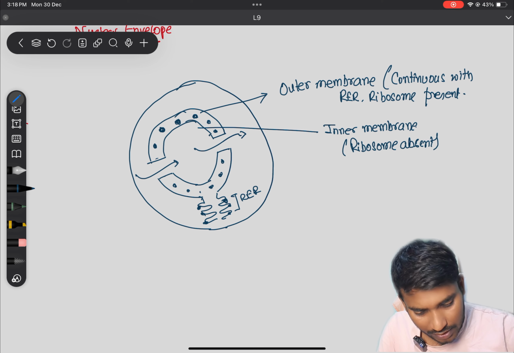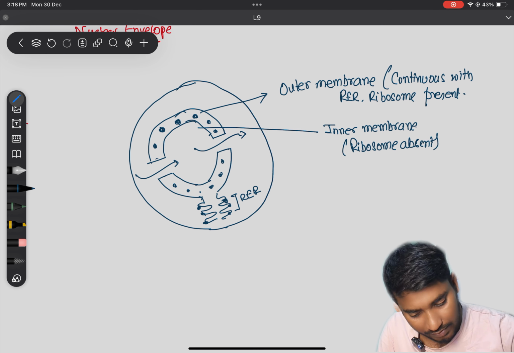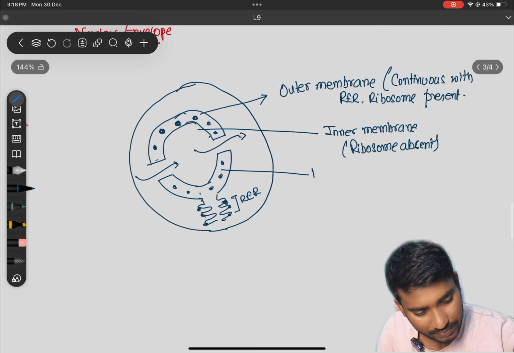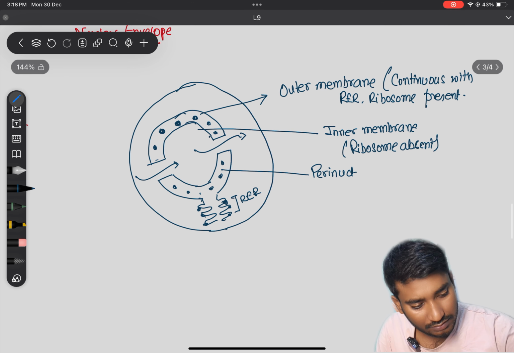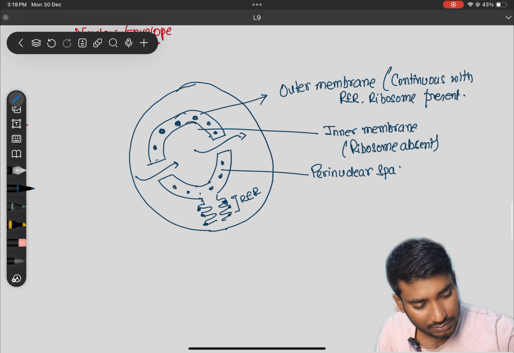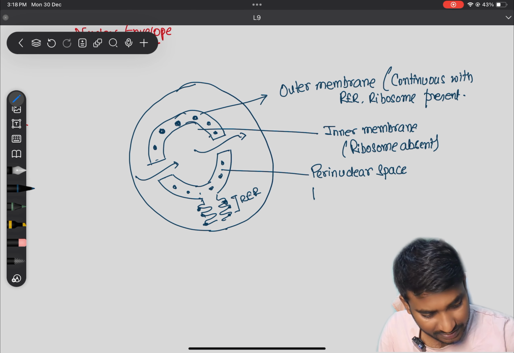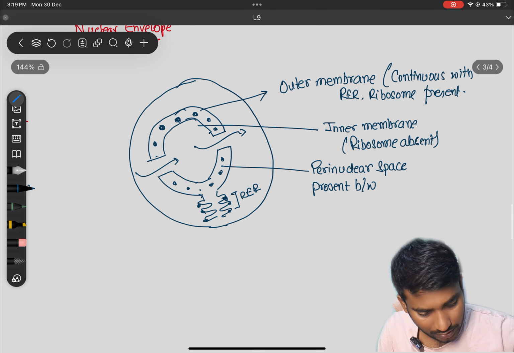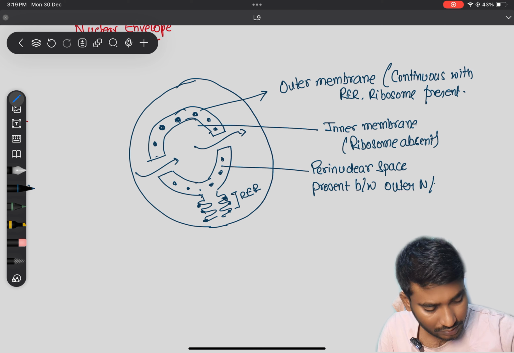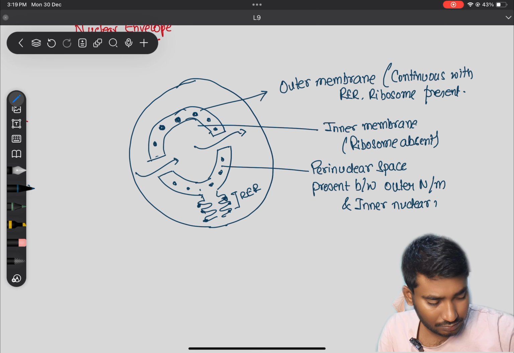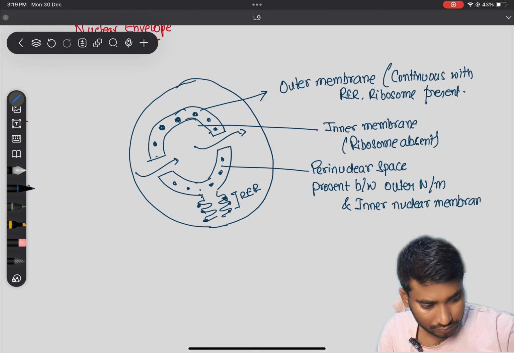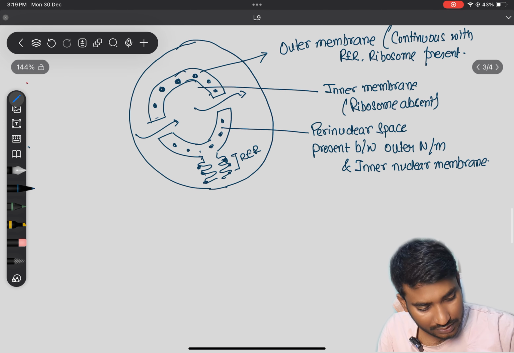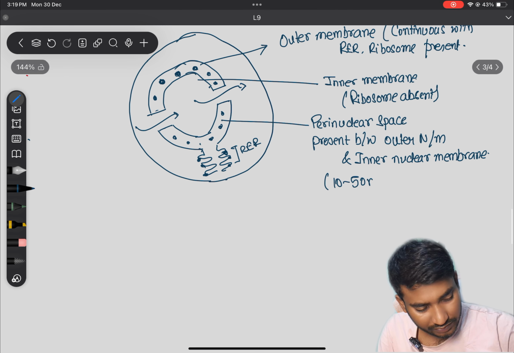Okay. Now the perinuclear space, this is called the perinuclear space, present between the outer nuclear membrane and inner nuclear membrane. It is 10 to 50 nanometer.